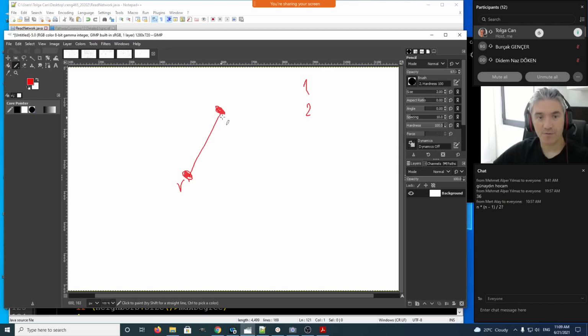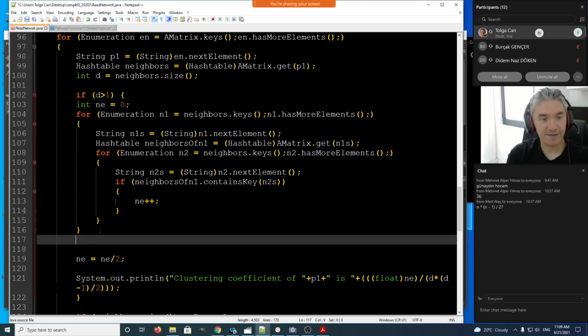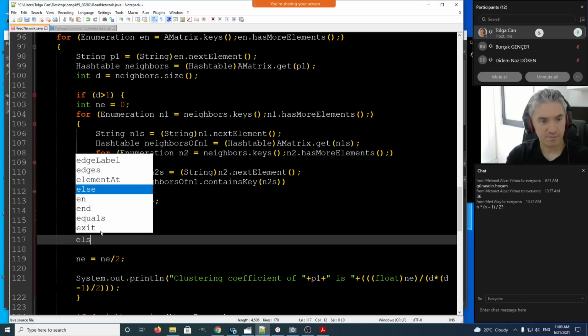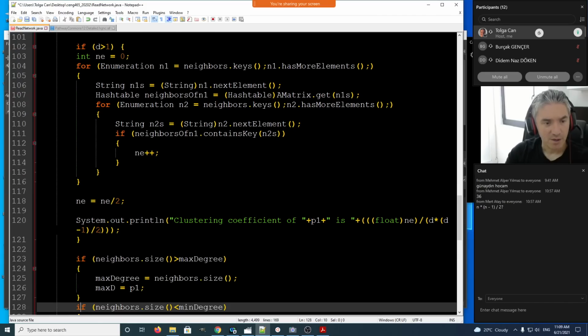And therefore, you may choose to give such nodes with only 1 neighbor a clustering coefficient of 0. For example, I can write the else statement here. Oh, by the way, the else is not going to be for this one here.